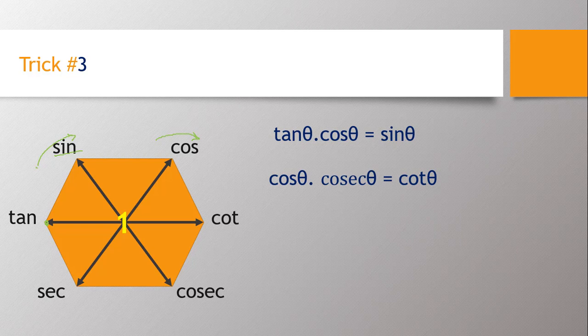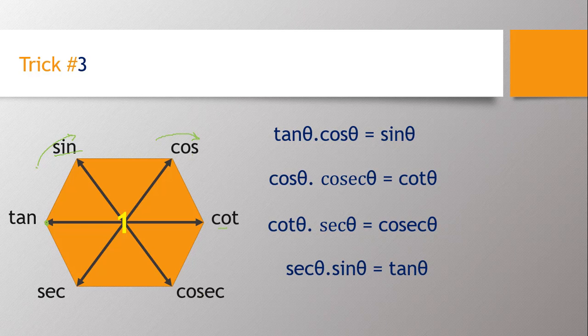That is first function times the third function will give you the second function. One more. Cot times sec is equal to cosec. And then sec times sine will give you tan theta. So this is another way in which you have learned 4 more trigonometric identities.